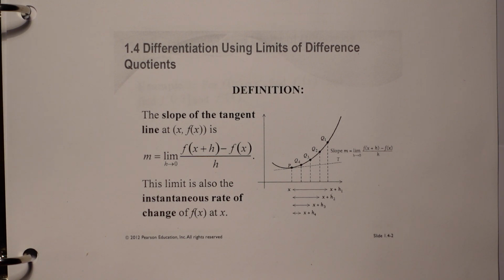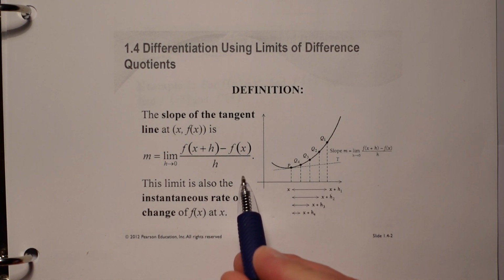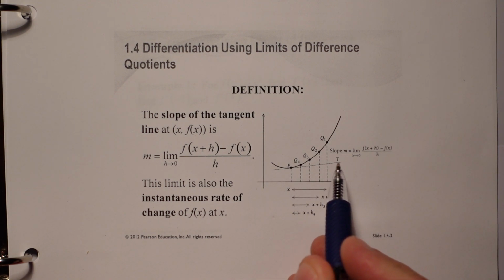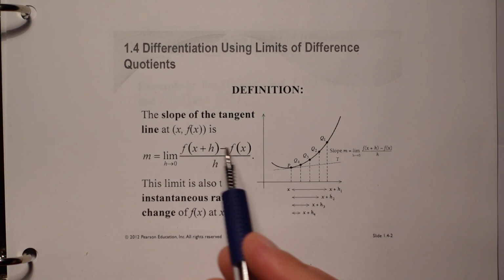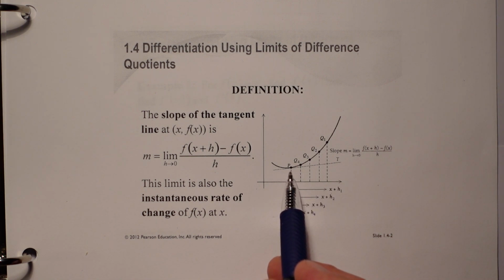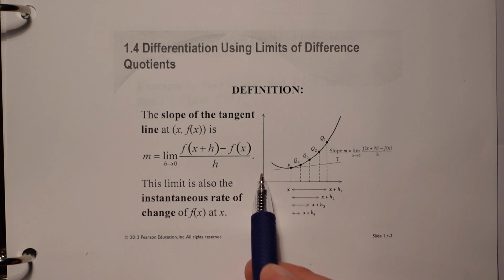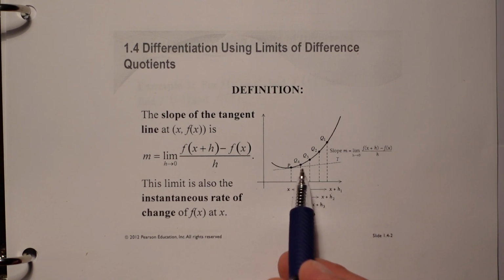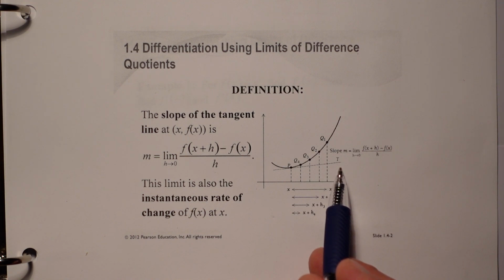What we're finding now is the slope of a tangent line at one particular point, x, comma, f of x. So notice here on the illustration, you've got this one point P that has a tangent line, and we're wanting to find the slope of that tangent line.